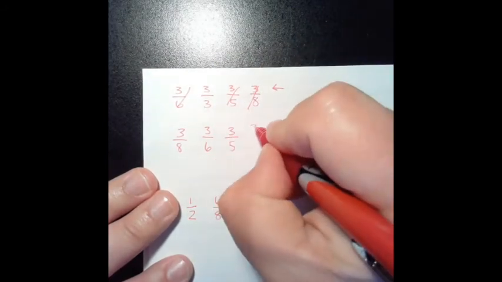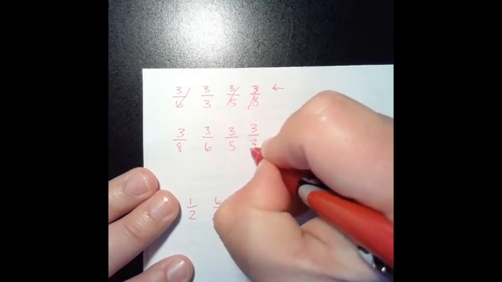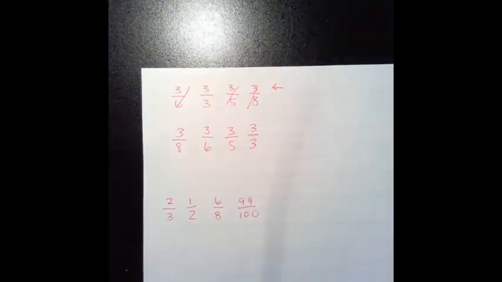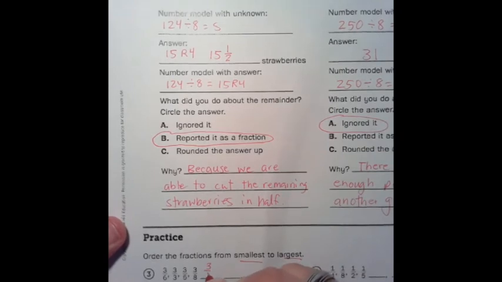And then finally we have our whole, which is our 3/3. So this is the order that we put them in. So I'm going to go ahead and transfer my answer. So it's 3/8, 3/6, 3/5, and 3/3. Okay.